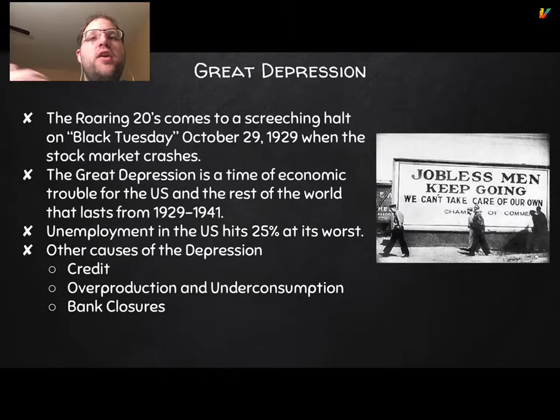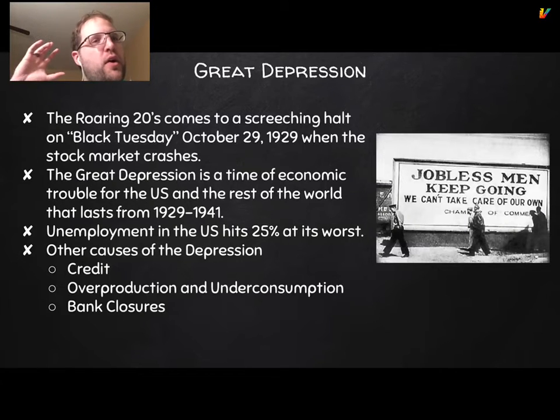But then they couldn't sell those used goods at a price high enough to make money off of those goods. And then all of a sudden the stores or the banks or whoever started closing as well. Okay, so that was another major problem. So we had unemployment, we had overproduction and underconsumption, we had credit that wasn't getting paid off. All of this is going to be a problem, right?